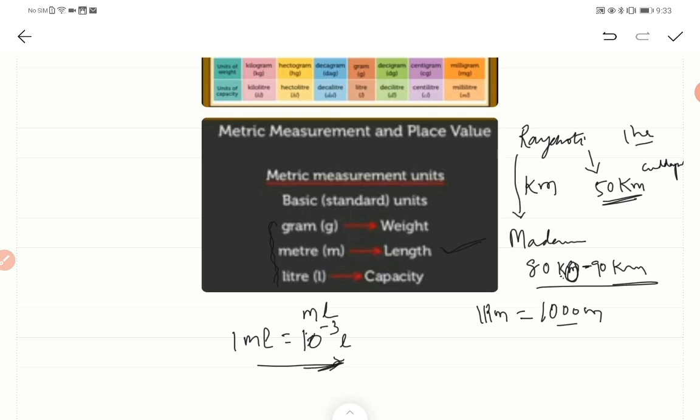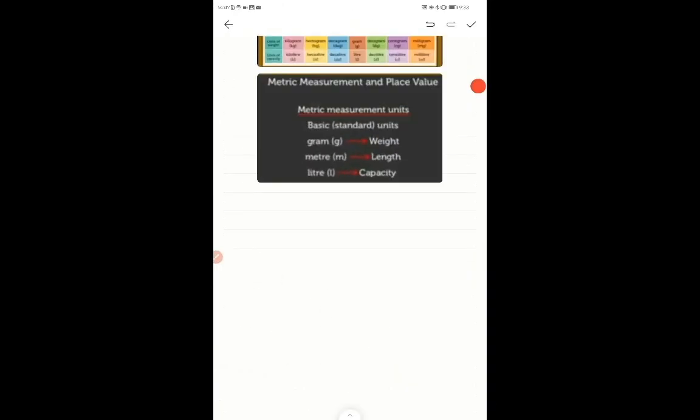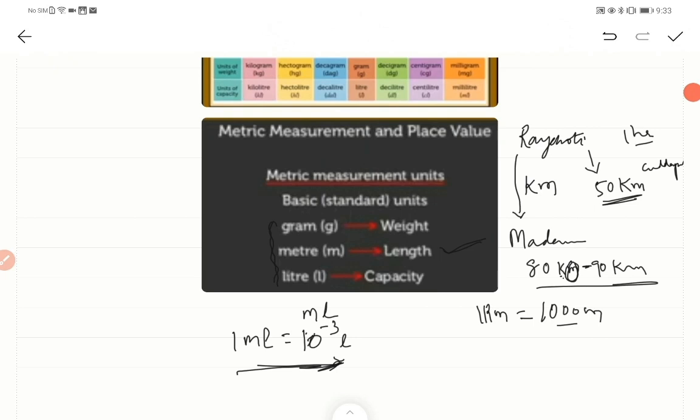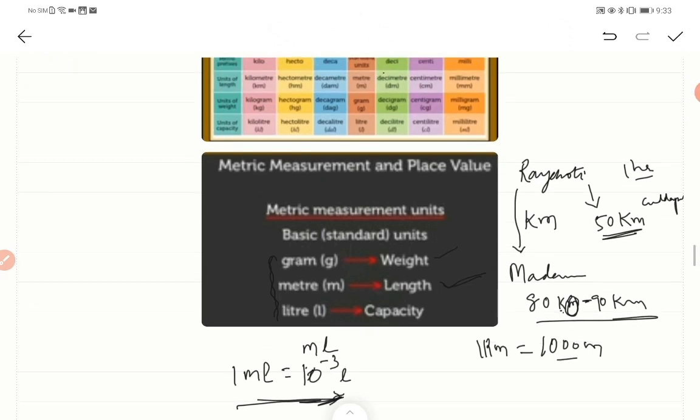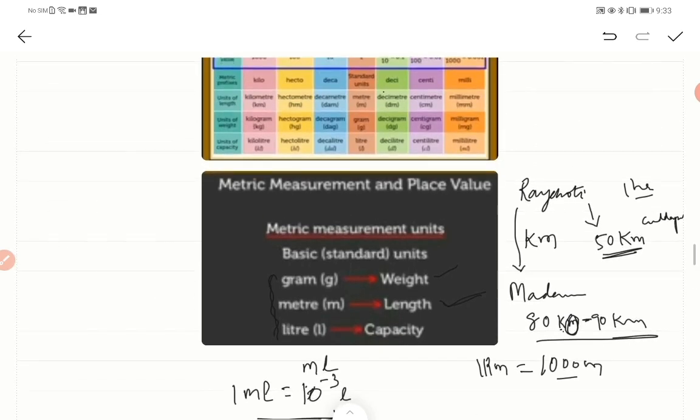Let's see clearly how exactly the weights are given to your gram. In weight also you have heard about grams, milligrams, or kilograms, isn't it? 1 kg of tomato, or 1 ton of rice, right?